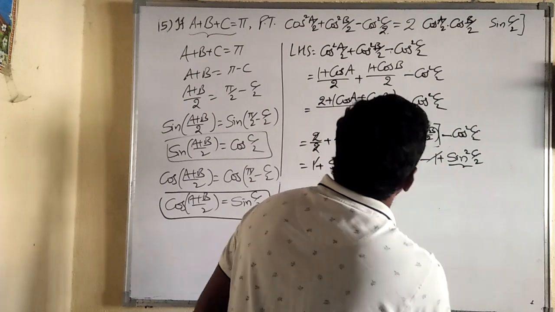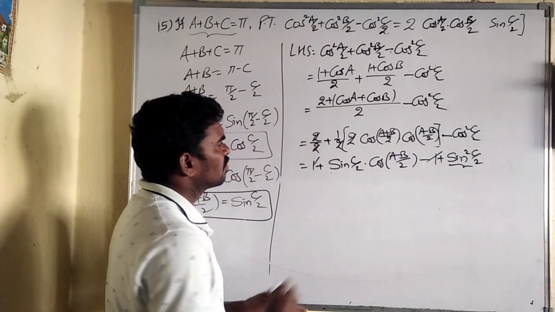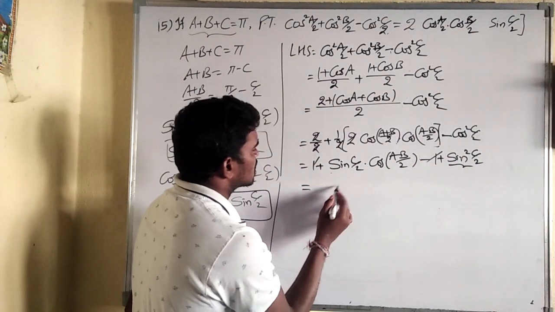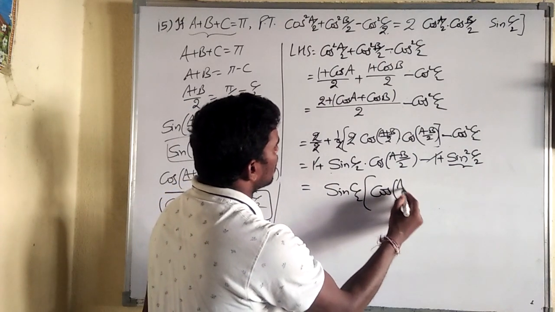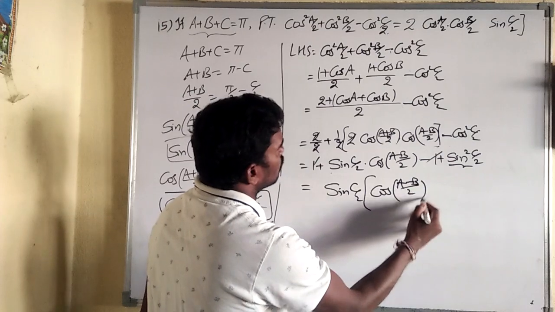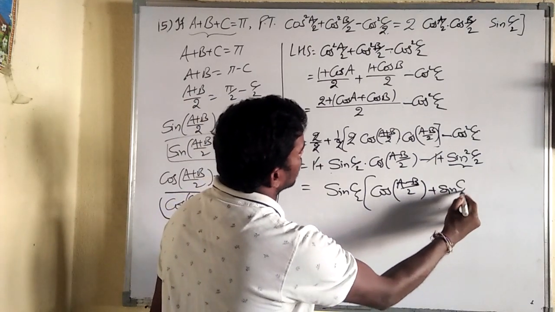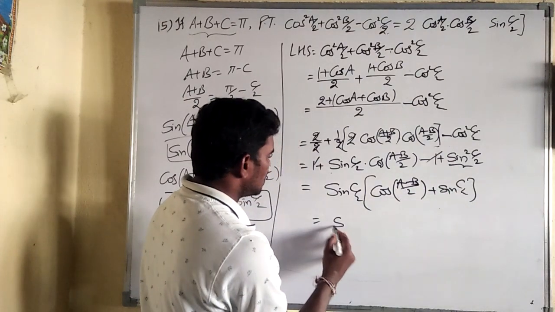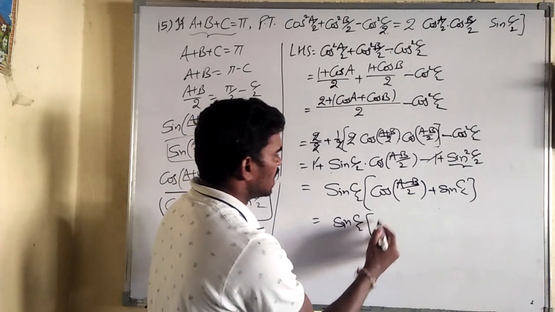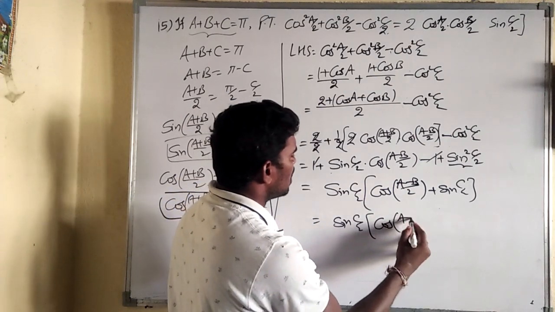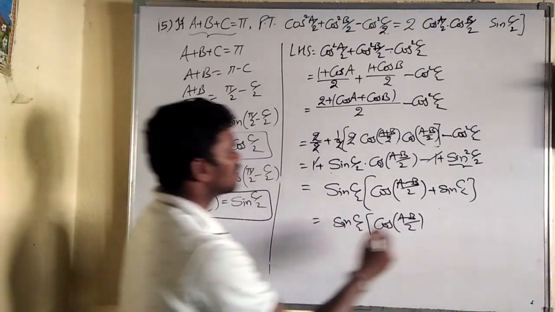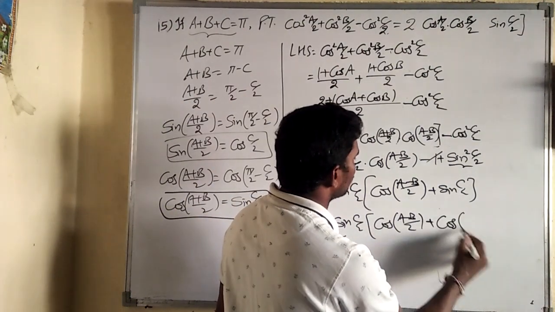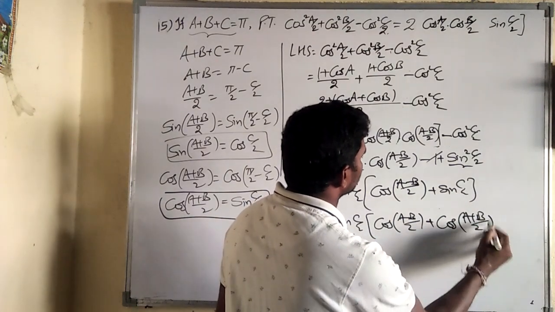So now what is common from here and here? Yes, sin c/2 is common. Then we get cos of (a-b)/2 plus sin c/2. Again, this sin c/2 is the same as cos of (a+b)/2. So plus cos of (a+b)/2.